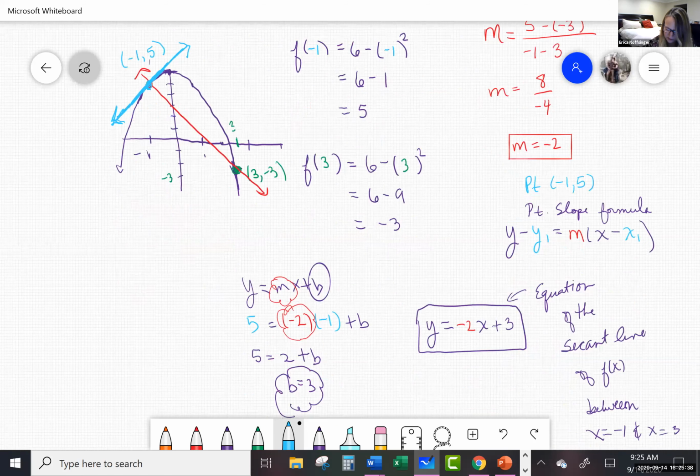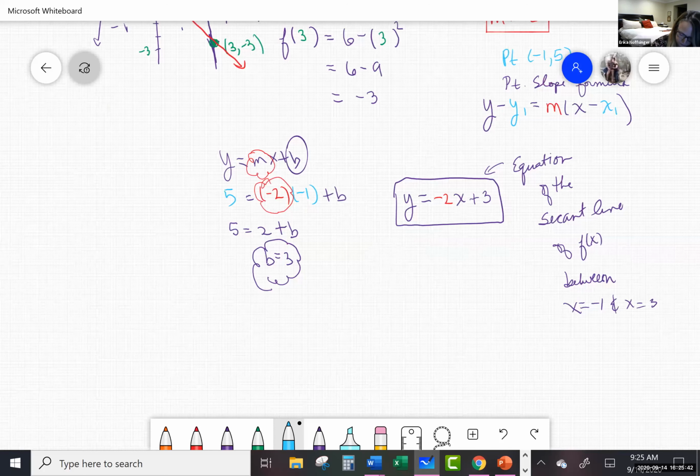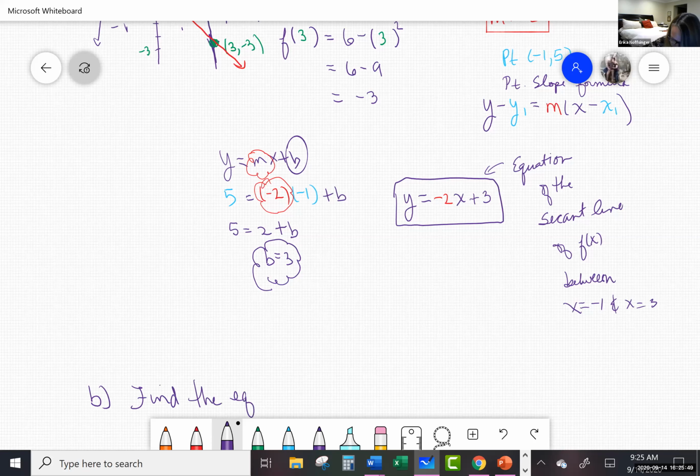Let's find the equation of the tangent line at x equals -1.